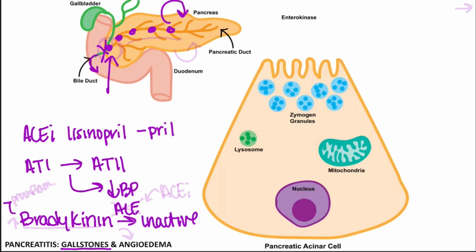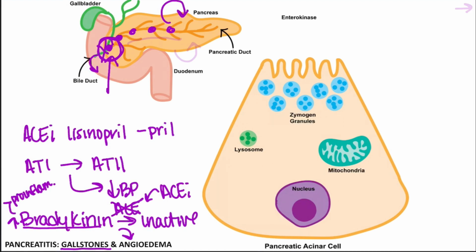Bradykinin is a potent pro-inflammatory peptide that is released under certain circumstances, but when it is not inactivated appropriately by angiotensin converting enzymes, because, for instance, there is an ACE inhibitor on board, there is an inappropriate buildup of bradykinin that can lead to angioedema, where there is a lot of vasodilation, inflammation, and edema, leading to an obstruction here.